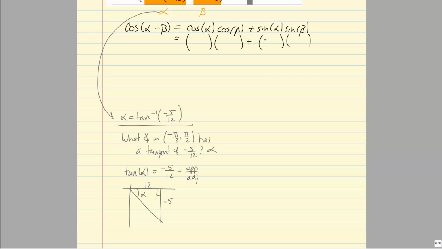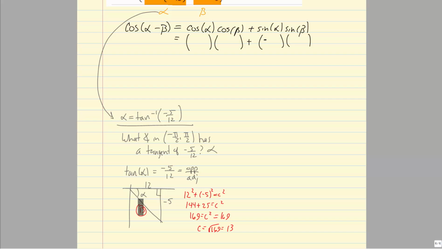Now if I want to solve for this missing side, then that would be 12 squared plus a negative 5 quantity squared equals c squared. 144 plus 25, that's 169. So c would equal square root of 169, which is 13.